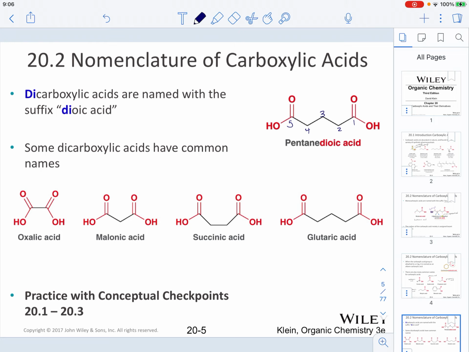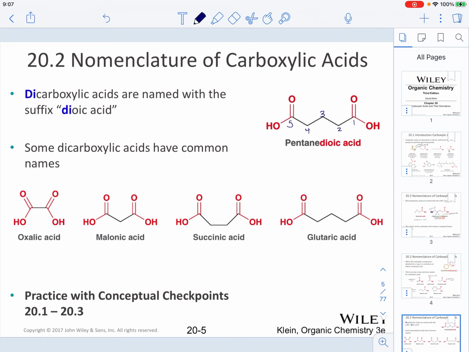And I decided to number it from right to left, just because in this molecule it doesn't matter. There's no other substituent attached to it. If there were other substituents, then the numbering would not proceed in this way. But you can imagine that you could also number it 1 through 5 going from left to right.